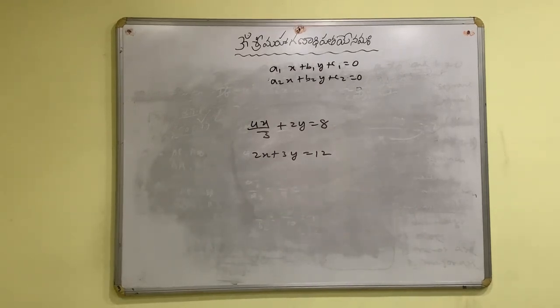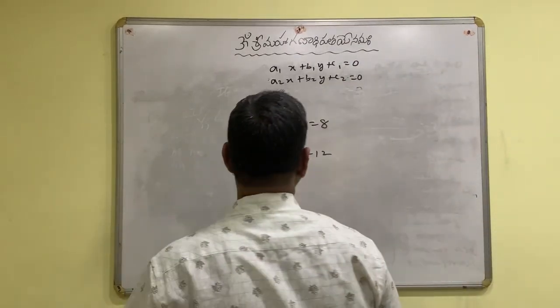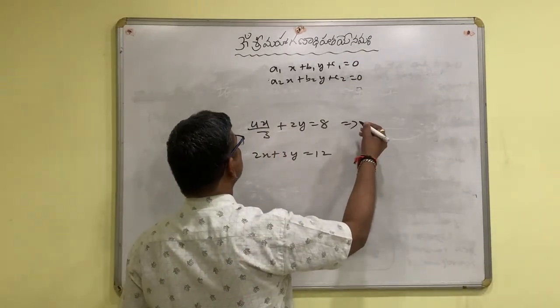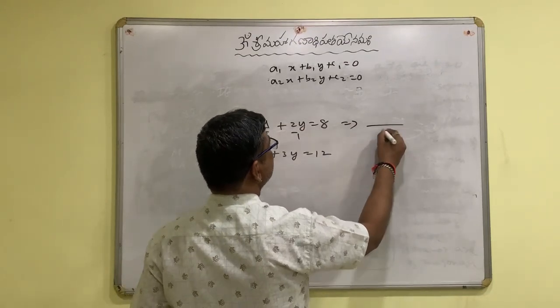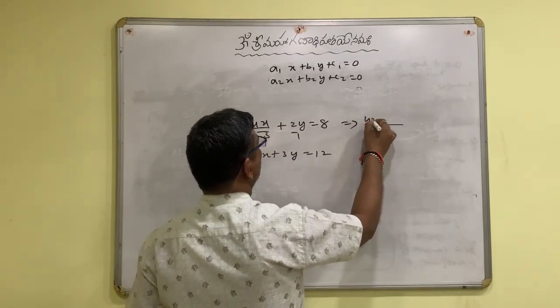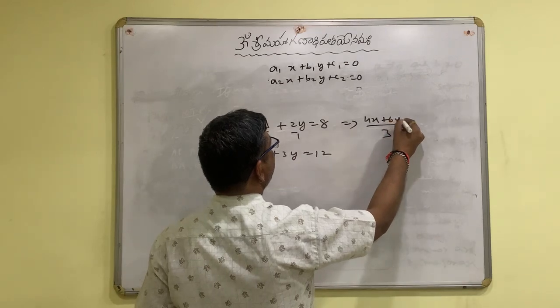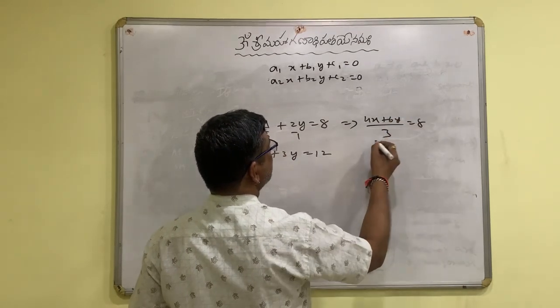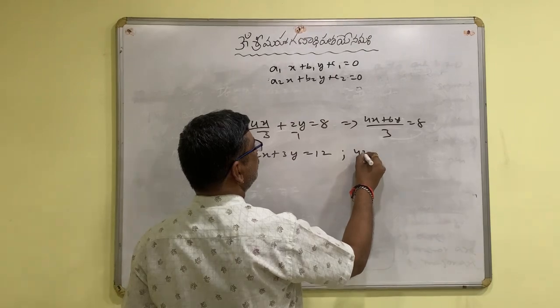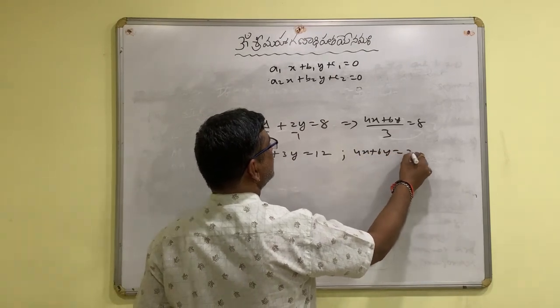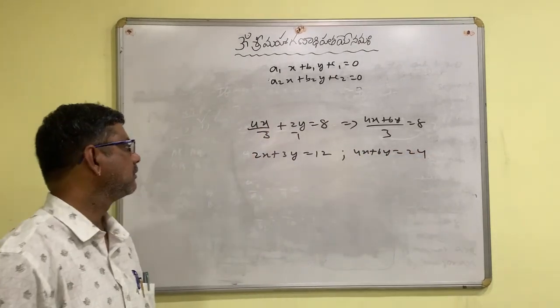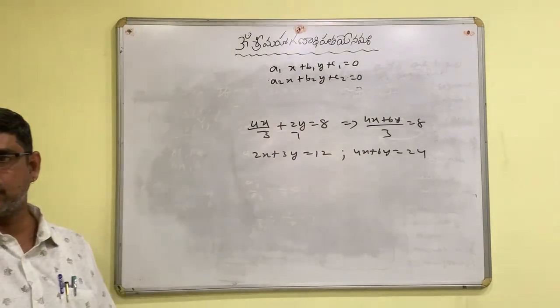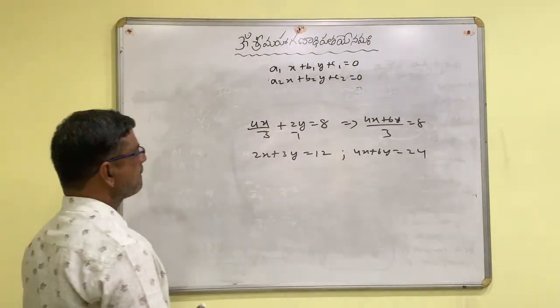Are they consistent? Let me see. We need to simplify this. LCM is 3. 4x plus 6y is equal to 8, that means 4x plus 6y is equal to 24.